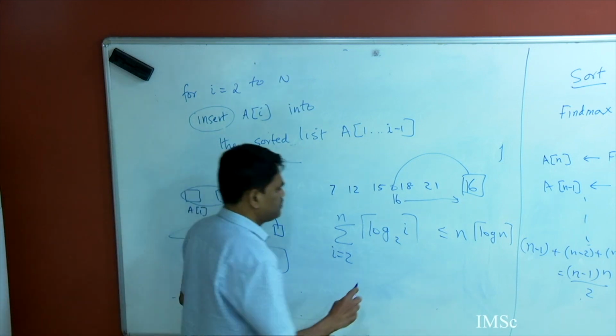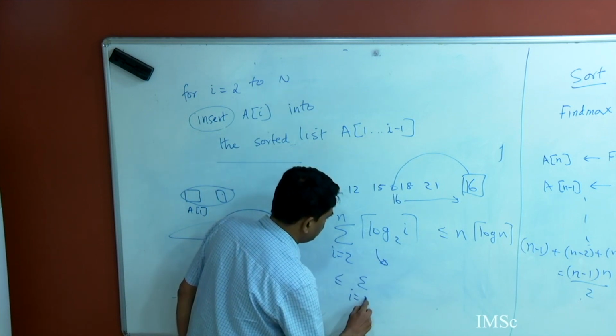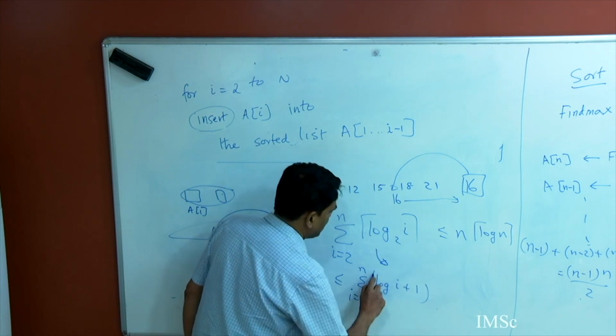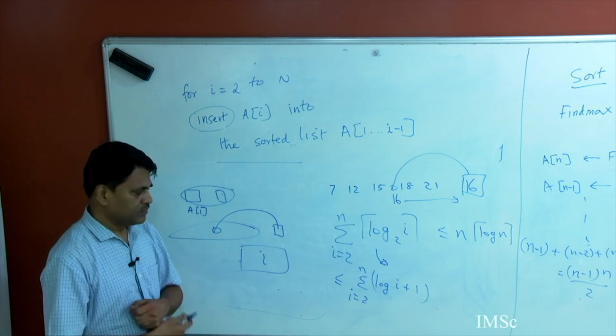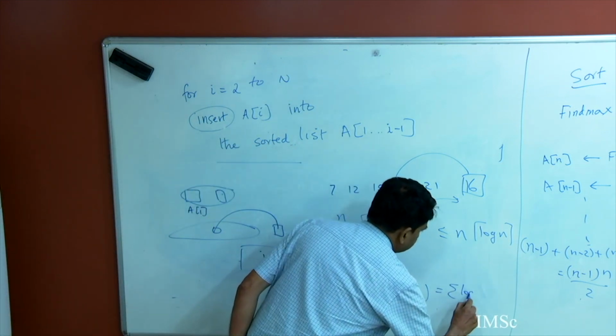Another way to do this calculation is at most summation I going from 2 to n of log I plus 1, right? It can be at most. When you do the rounding, it may become at most plus 1, right? This plus 1s, you can add them to be n.